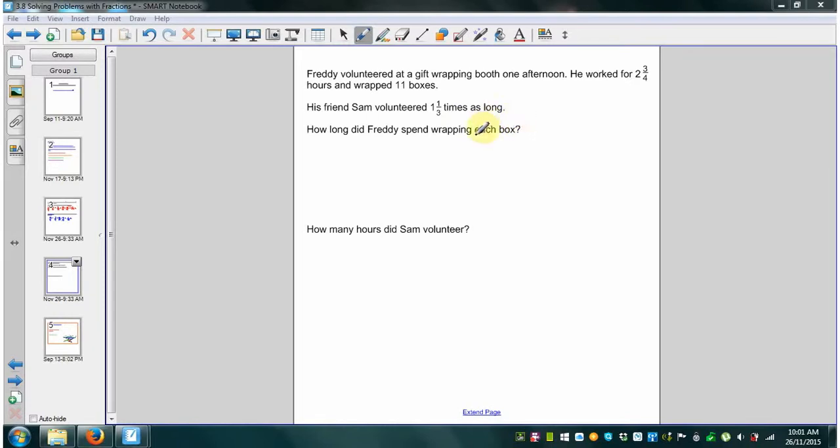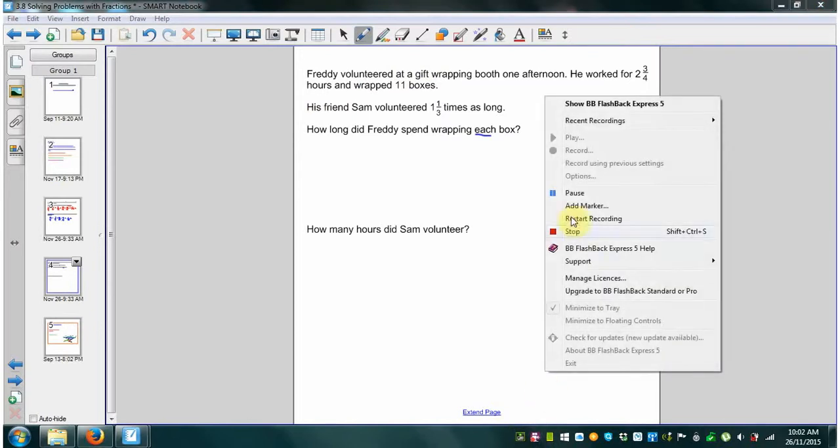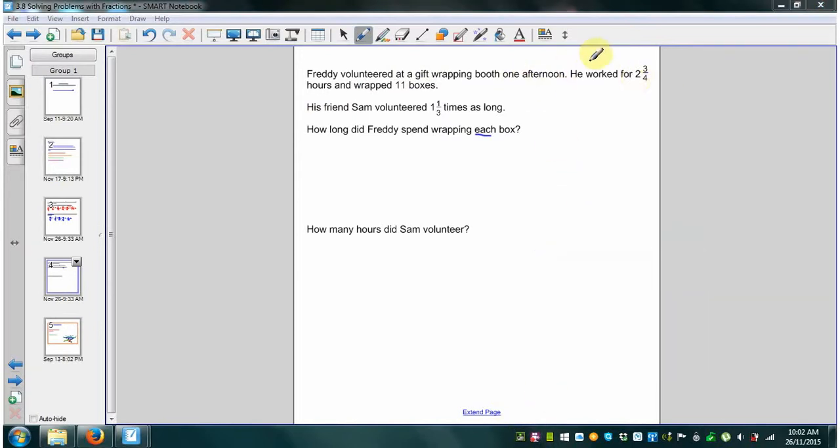Okay, so we have the word each here. Alright, so he worked for 2 and 3/4 hours and wrapped 11 boxes. Okay, so what operation do you think we do there? Okay, so anytime you see the word each, this is almost like a sharing problem, so a division problem.